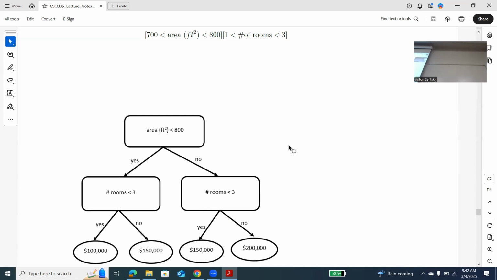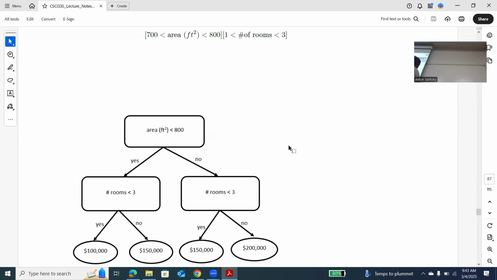In other words, we can create a new feature. For example, we have one feature, the area of apartment, and another feature, the number of rooms. And we want to predict the price of apartment based on these two features.